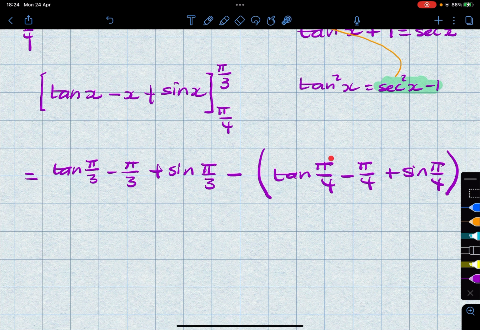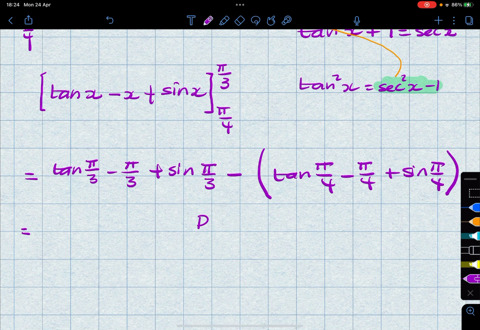Now we know what these numbers are. That's 1, that's root 2 over 2, that's root 3 over 2, etc. But I'll put all of this in a calculator, and that'll give me my final answer.